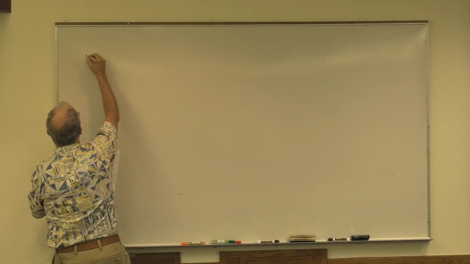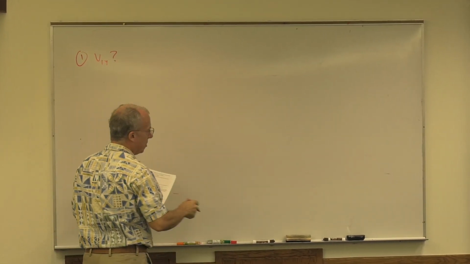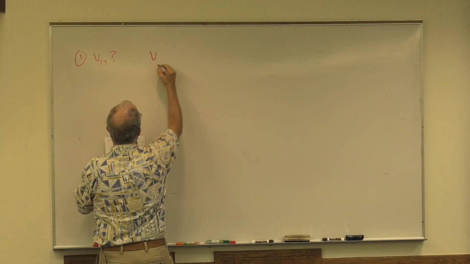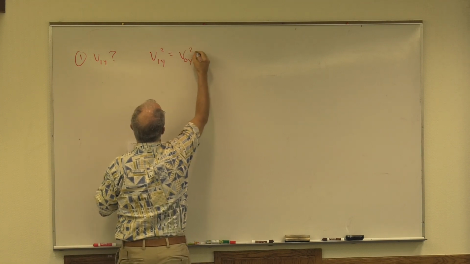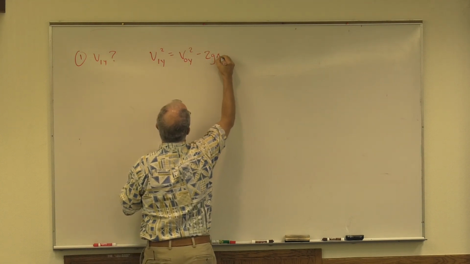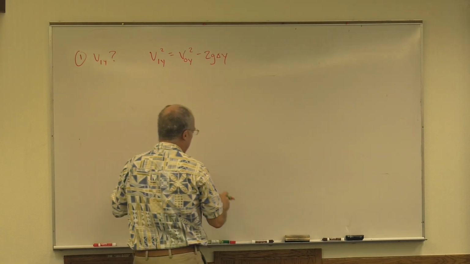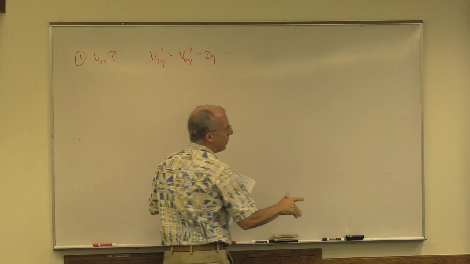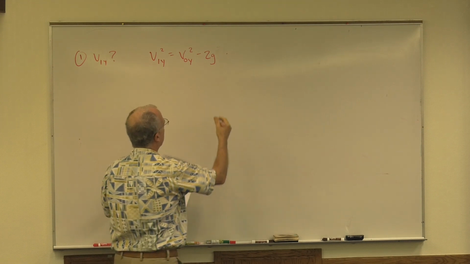Okay, so first we'll calculate v1y. We'll just use the third kinematic equation. v1y squared equals v0y squared minus 2g delta y. And let's be a little careful. We have y0, y1, y2, y3. Let's not just write delta y, let's write what it is.